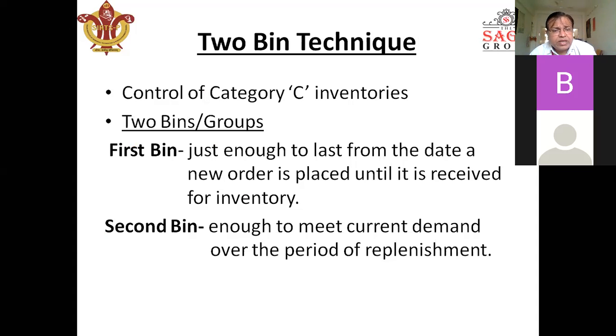Now the second bin is enough to meet current demand and over the period of replacement. So you have to keep proper stock of that particular material in your pharmacy to fulfill sudden or current demand at a time.